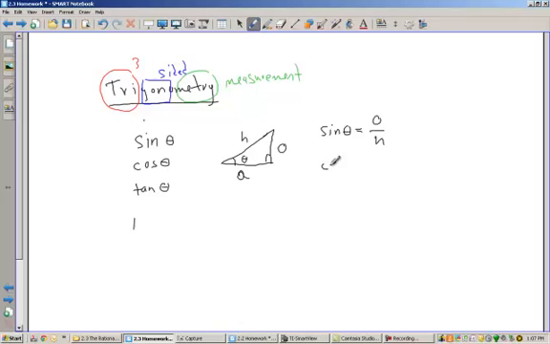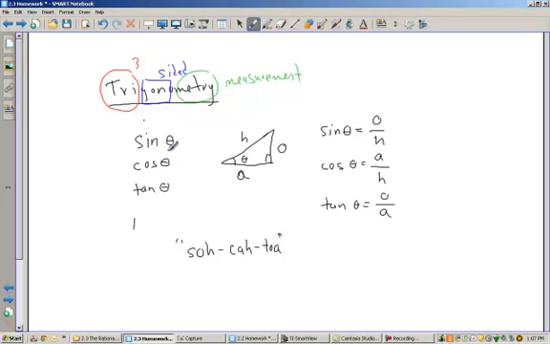The cosine of theta is defined to be the length of the adjacent side over the hypotenuse. And the tangent of theta is equal to the opposite over the adjacent. When I was taught this in high school, it was SOH CAH TOA. So that's how I memorized it.